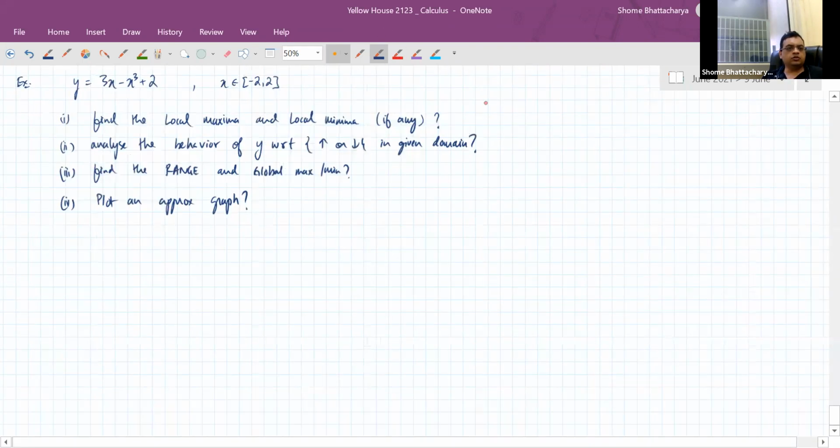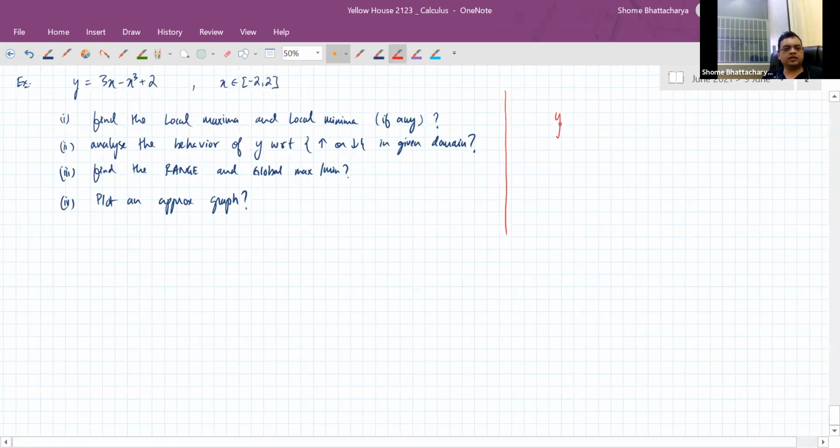So what are the tools that we have to do all this? We have the tools that for a given function y equal to f(x), if the derivative of the function is positive, it means that the function is having the increasing behavior. If f'(x) is negative, it means that the function is having a decreasing behavior.